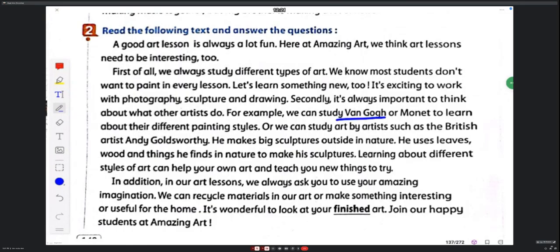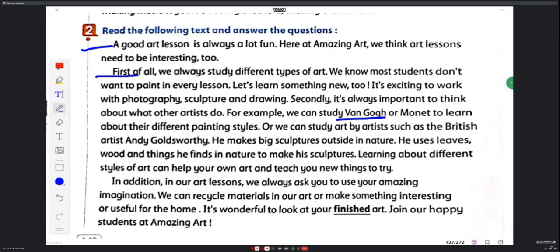Now, Luigi, can you read? First of all, we always study different types of art. Most students don't want to pick every lesson. Let's learn something new. It's exciting to work with photography, collage, and drawing.